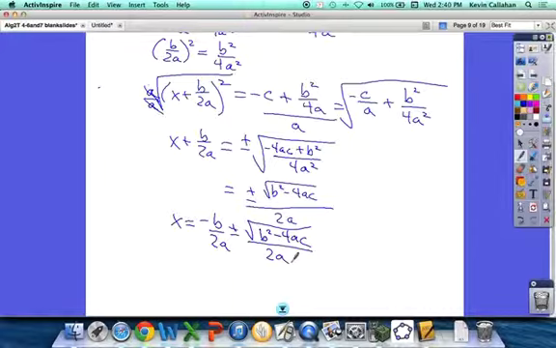Notice that it's the same denominator. So if you put the numerators together with just one denominator of 2a, that's the quadratic formula. So it is completing the square on the standard form of a quadratic equation.